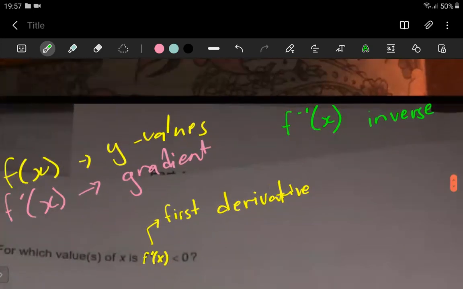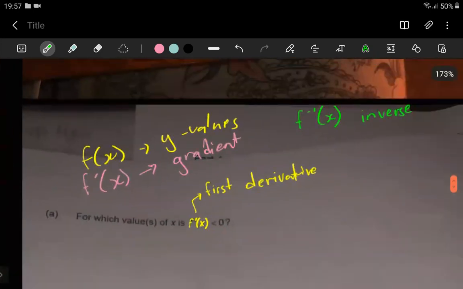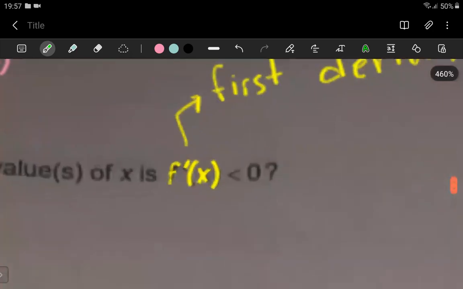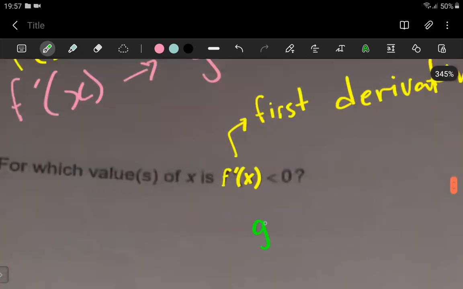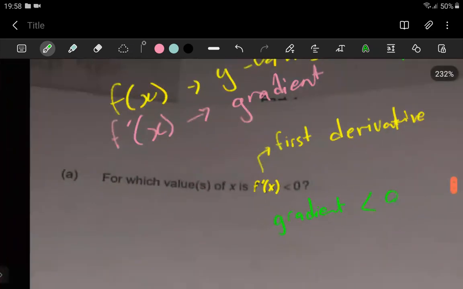The one thing I was trying to say is that f prime just means gradient. So this is just saying here for which values of x is the gradient below 0. That's what this question is asking.